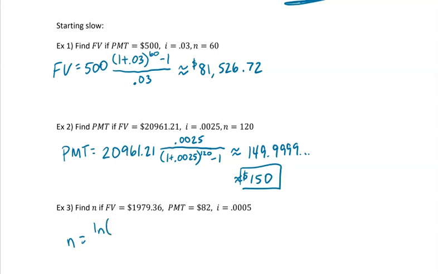All right, so if we go ahead and plug everything in, we have N equals natural log of FV, 1,979.36, over the payment, which is 82, times I, which is 0.0005, plus 1, all over the natural log of 1 plus I, so again 0.0005.